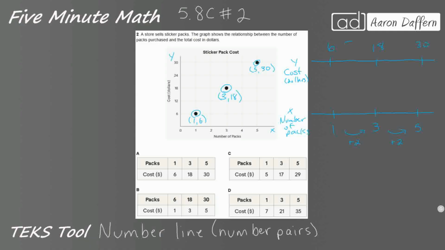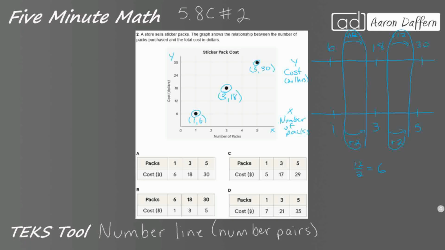And every time we go up 2 packs, we end up going, let's make that 12, excuse me, $12. And so this relationship here is every time you go up 2 packs, you go over $12. That's 12 over 2. That becomes your fraction.